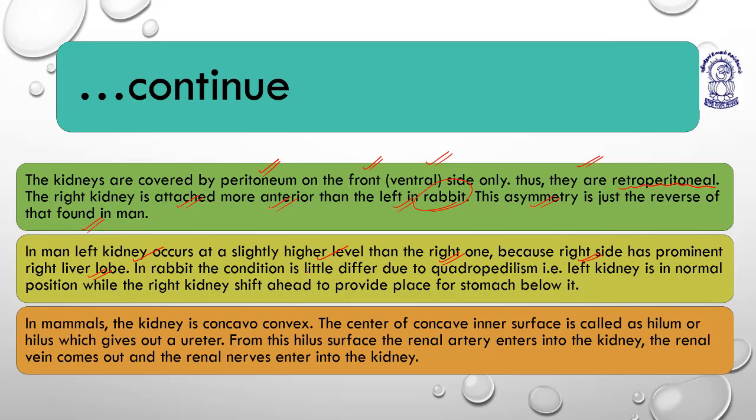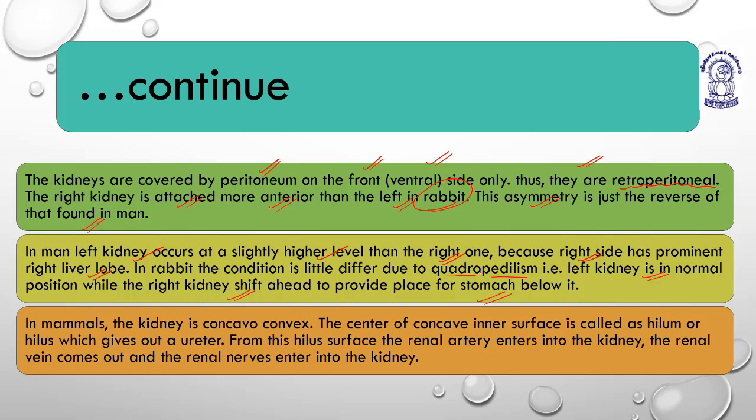In rabbit, the condition is different due to quadrupedalism: the left kidney is in normal position while the right kidney is shifted ahead to provide place for the stomach below it.